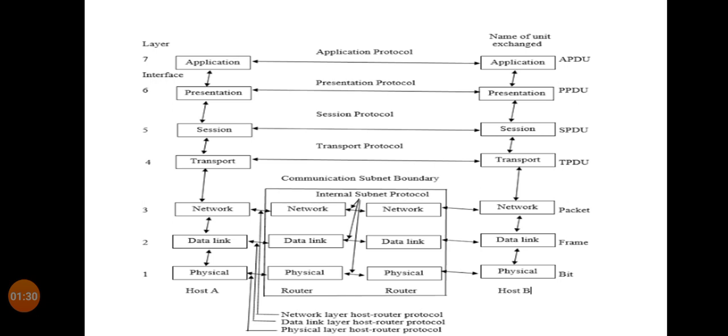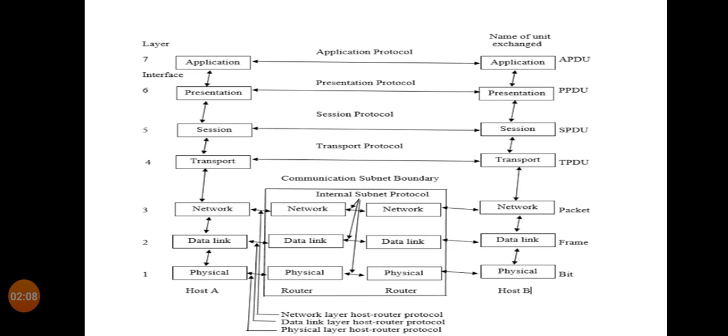Now let's see how the OSI reference model looks. This is the diagrammatic representation of the OSI reference model. As you can see in the diagram, there are a total of 7 layers. The purpose of each layer is to offer some services to its upper layer. For example, the physical layer always provides services, meaning work, to the data link layer.